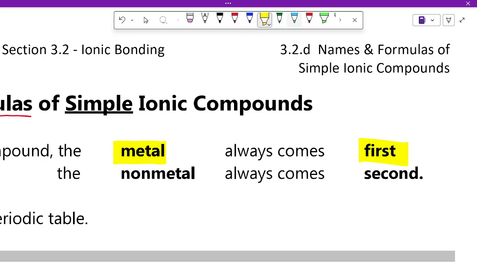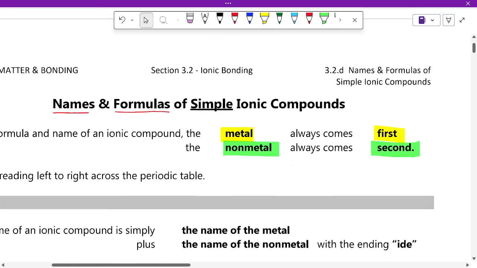And the nonmetal always comes second. It's just like reading left to right across the periodic table. The metals appear on the left, the nonmetals appear on the right. So we do it in the same order as on the periodic table.